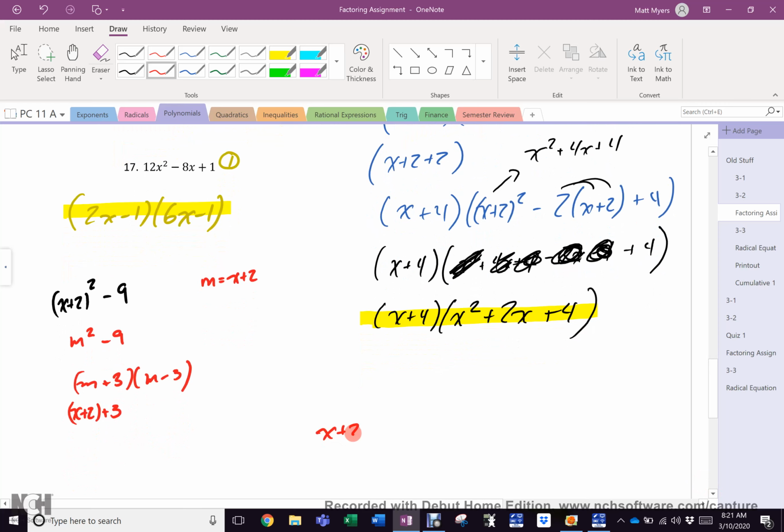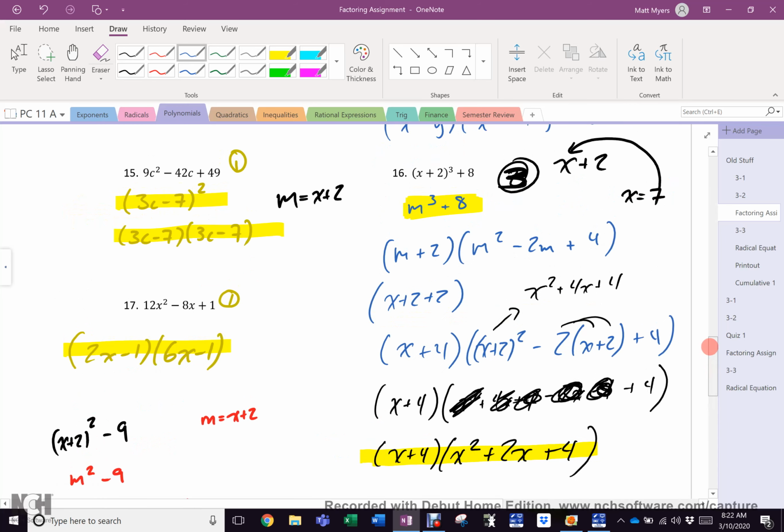You would collect the like terms, yes? X plus 5. M is what? X plus 2 minus 3. What would you do with that? To get what? X minus 1. That's all you're doing. It doesn't matter how complicated it gets.